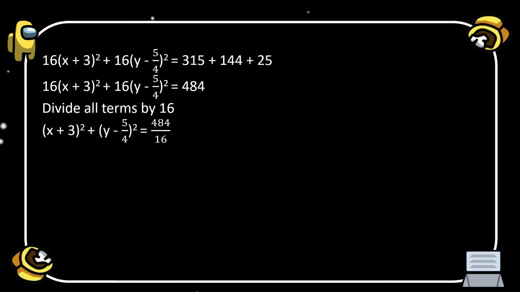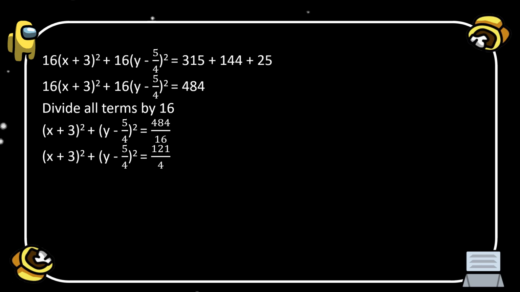Remember that 484 divided by 16, we cannot divide it directly because there is a decimal point. So we are going to reduce that one. So we have the quantity of x plus 3 squared plus the quantity of y minus 5 over 4 squared is equal to 484 divided by 4, the result is 121, and 16 divided by 4, the result is 4. Okay, so this is now the standard form of a circle.